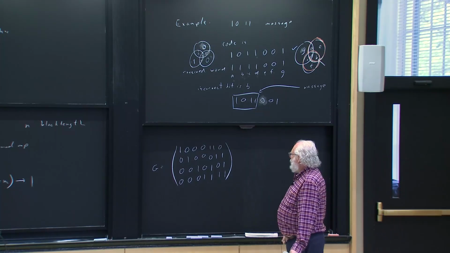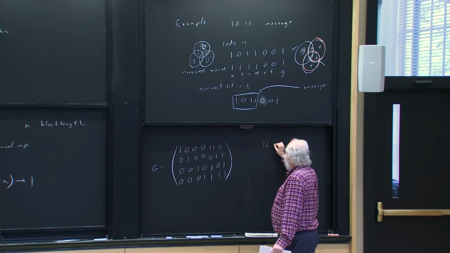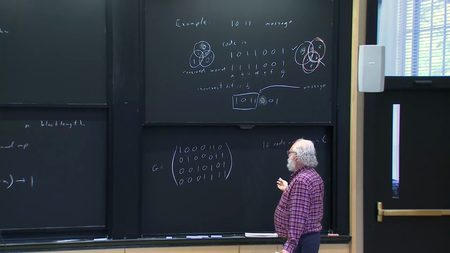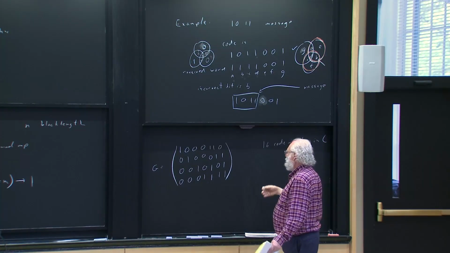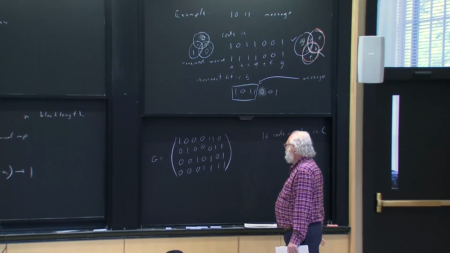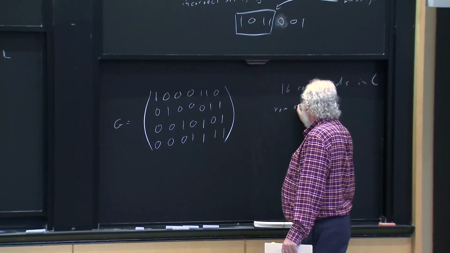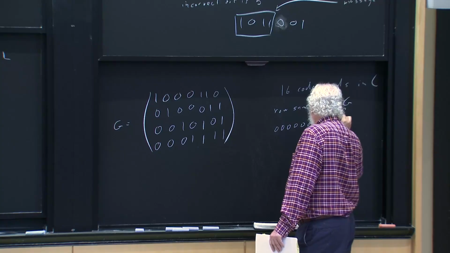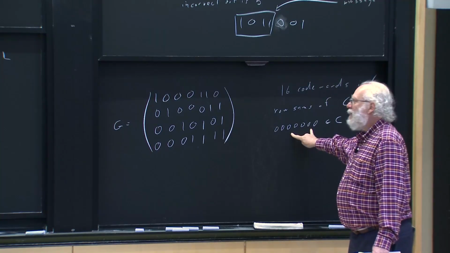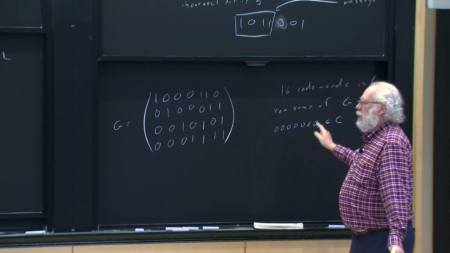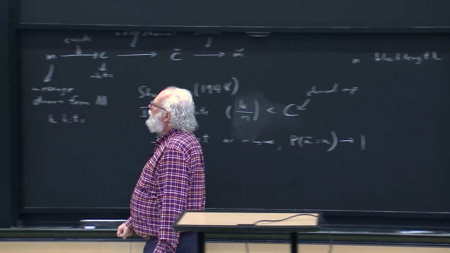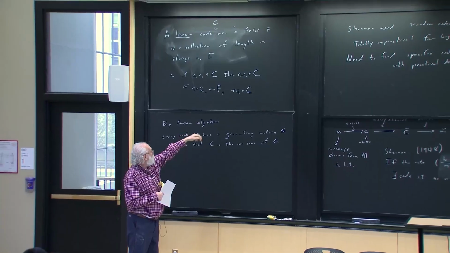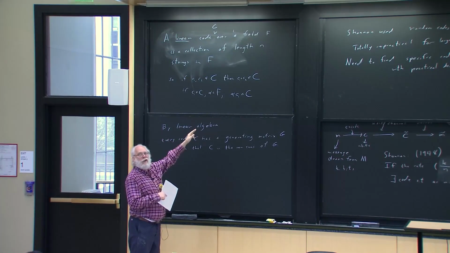And there are 16 code words in C. And they're the row sums of G, and 0, 0, 0, 0, 0, 0, 0 is in C. And actually, the all zeros vector is a code word of every linear code, because we know that if C1 is in C and alpha is in F, then alpha C1 is in C. And if alpha is 0, then alpha C1 is the all zeros vector.